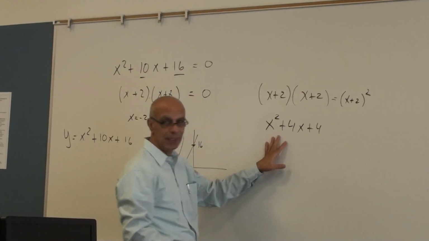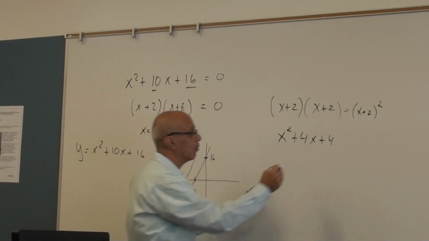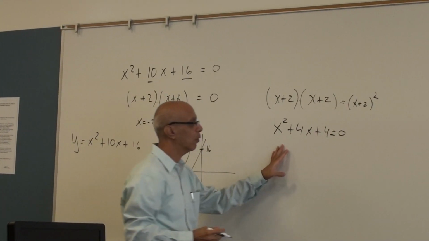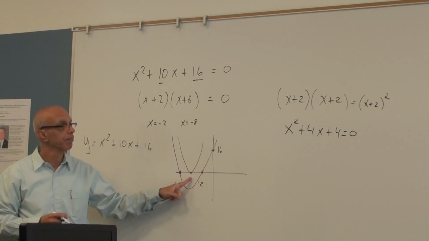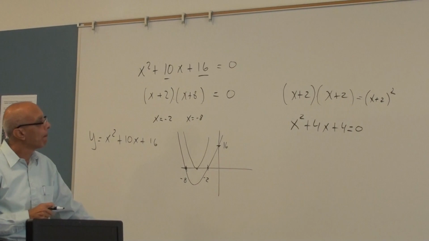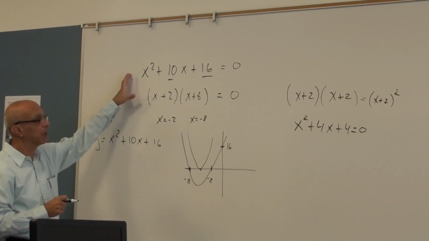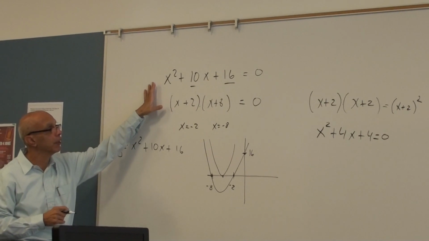So that is a complete square. If I were to solve this one here, for instance, I would have only one point, only one solution. All right? Is that okay? So this is the first way to solve a quadratic equation.